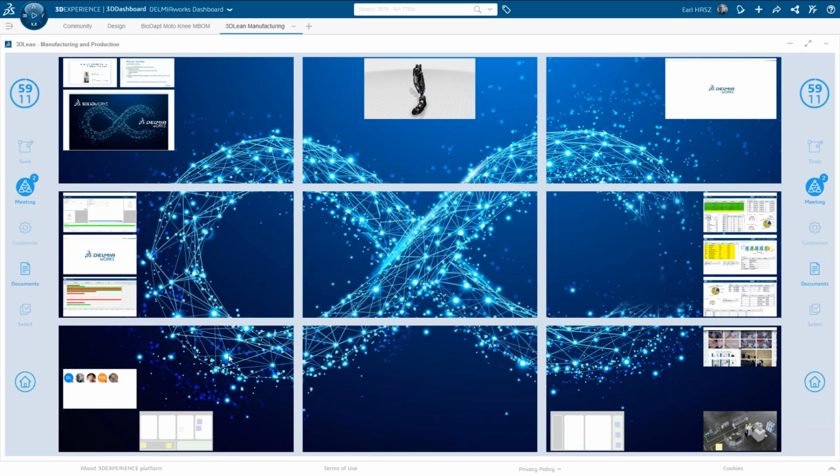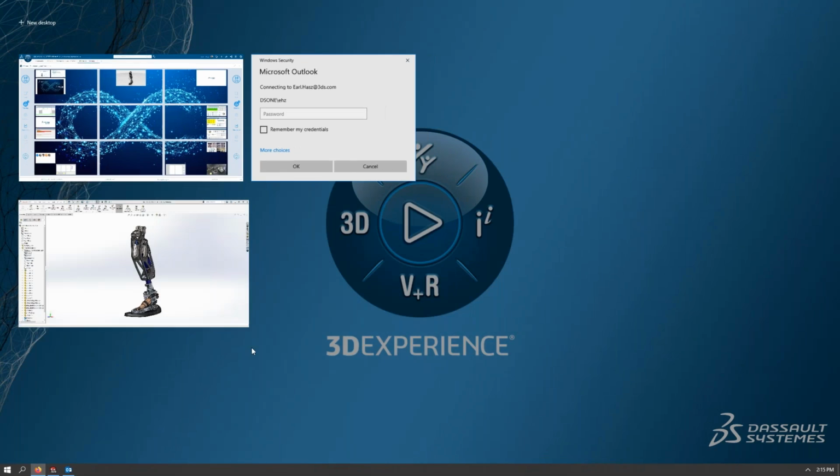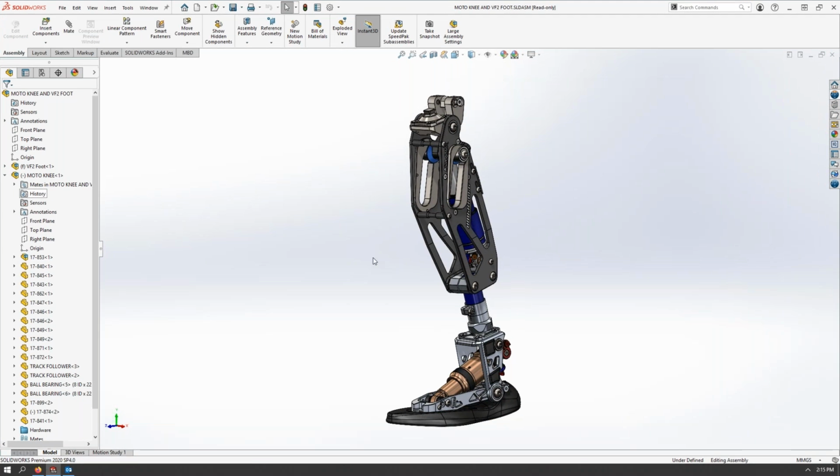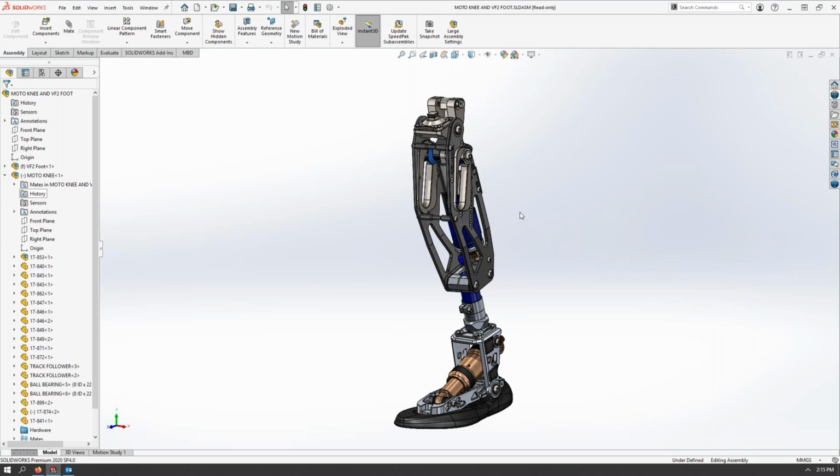And I'm going to start off in SolidWorks here, and with SolidWorks, as I mentioned at the beginning, we've all seen SolidWorks really build up over the years and has gotten a lot of really good, rich content, a lot of rich data available to us.